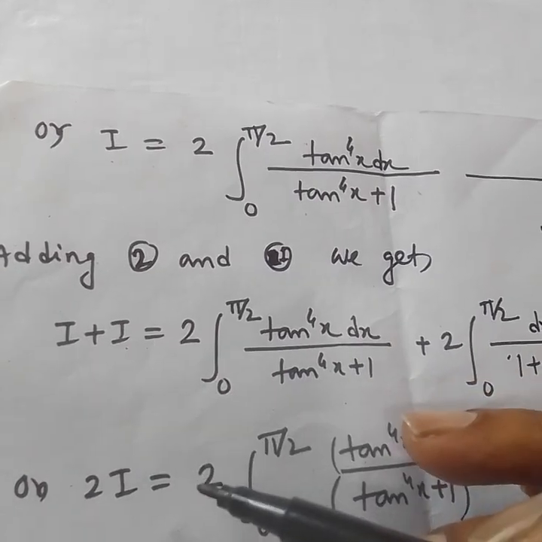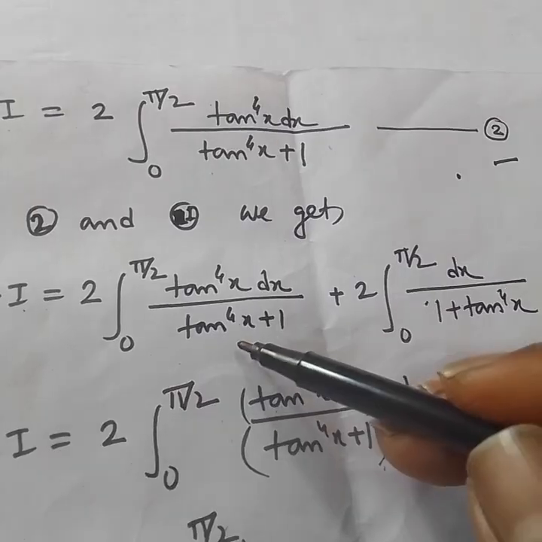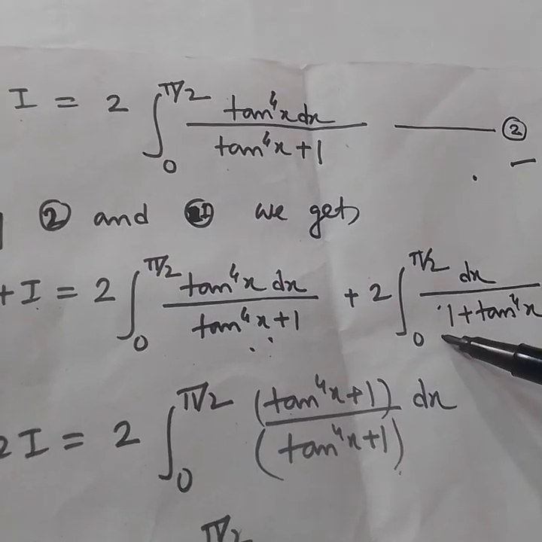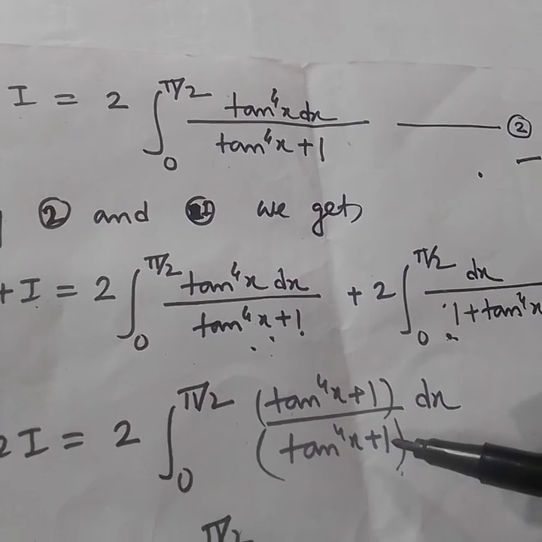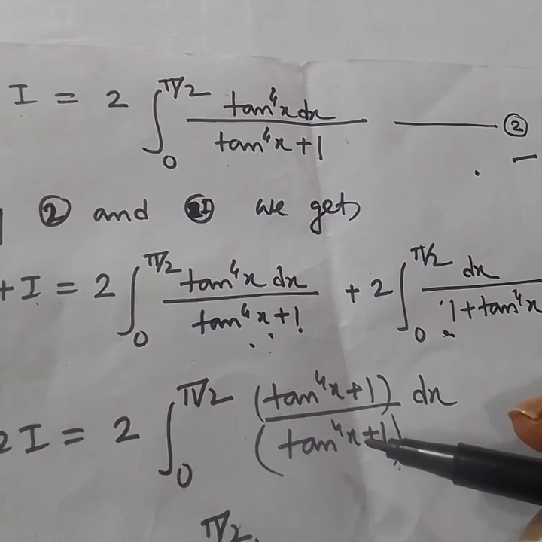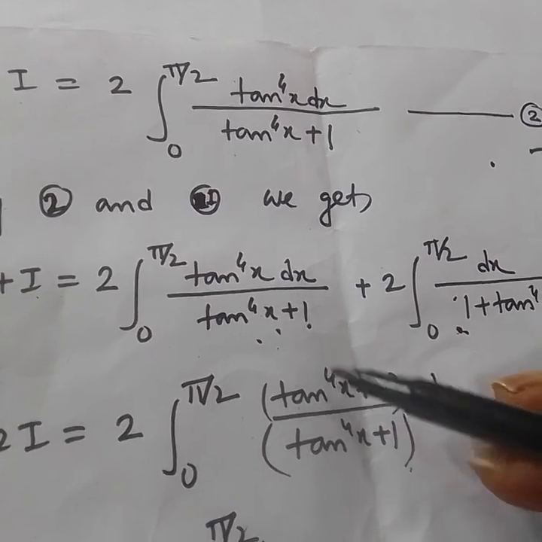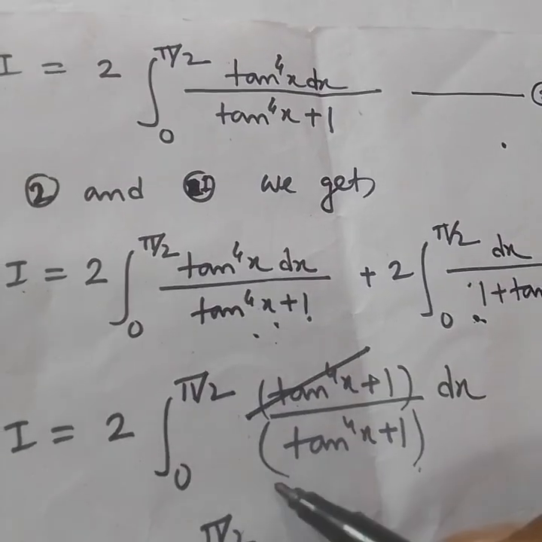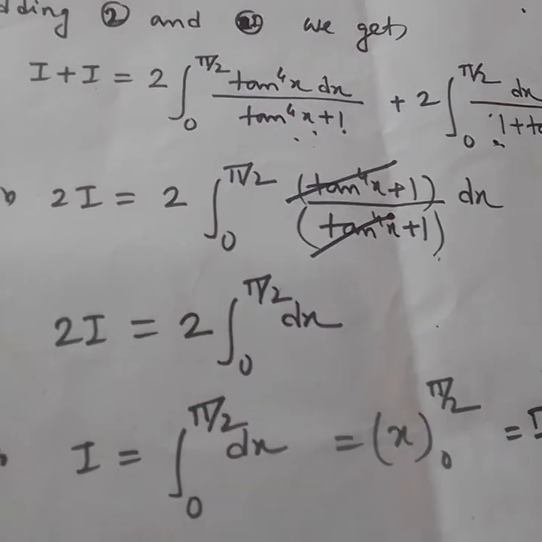I plus I makes 2I, and here we see that the denominators of the two integrands are the same, so we can easily add them. After adding, the numerator and the denominator become equal, so they cancel each other, leaving only dx.